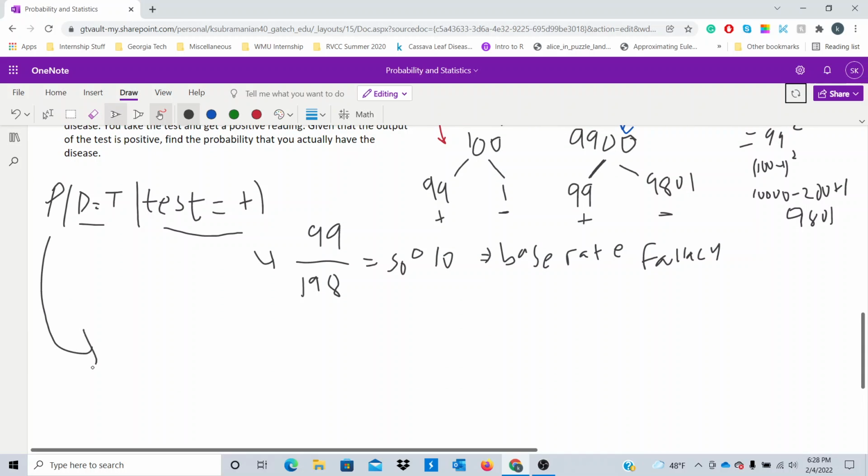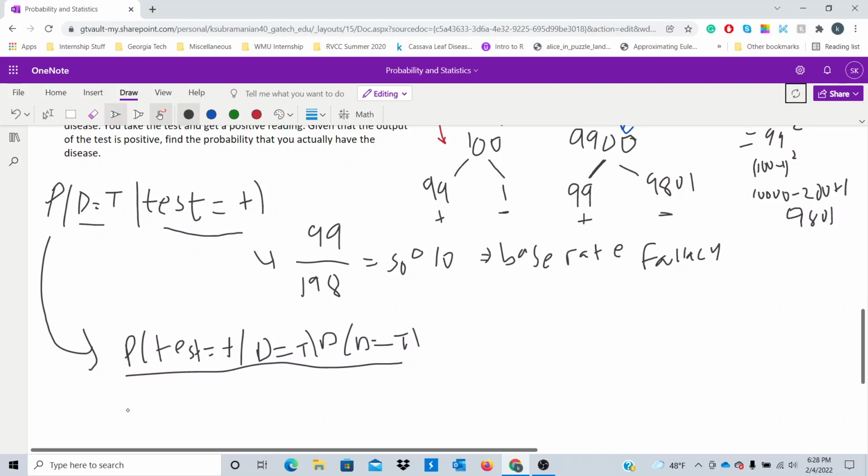So the probability of having the disease, given that you test positive, is the probability that the test is positive given the disease is true, right? So given that you have the disease, times the probability that you do have the disease, over the probability you test positive.